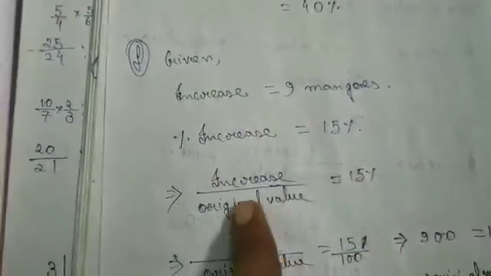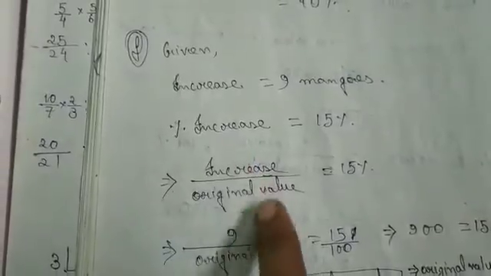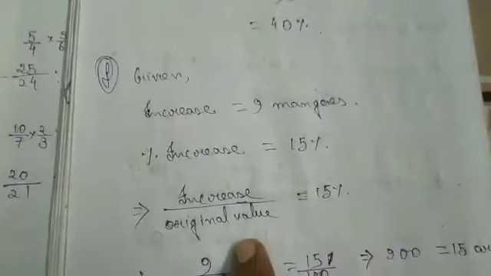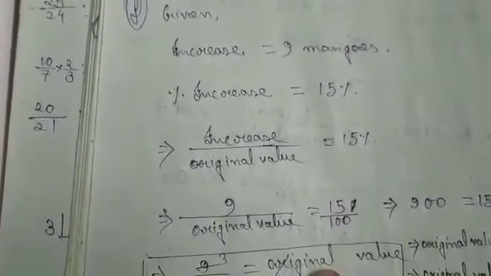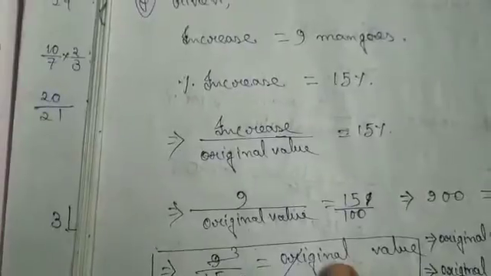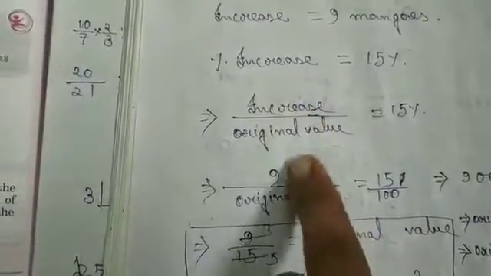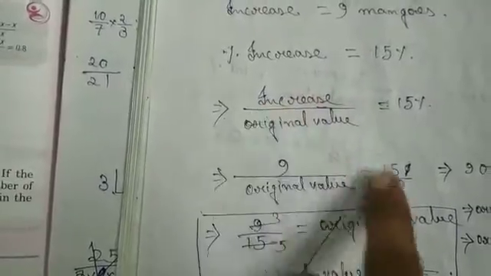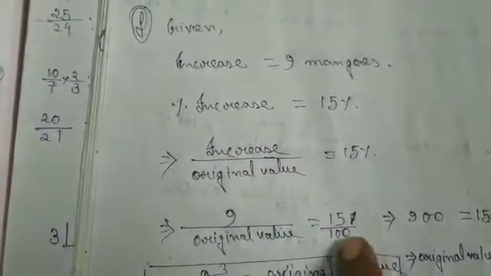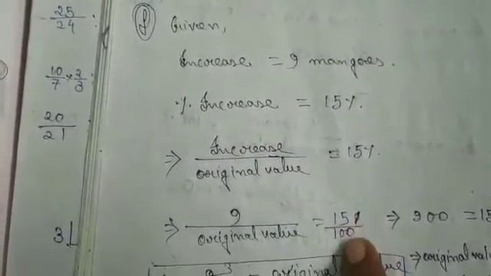We know that increase percent is equal to what? Increase by original value into 100%. So here we have written the formula, and the increase is given, and the increase percent is given.